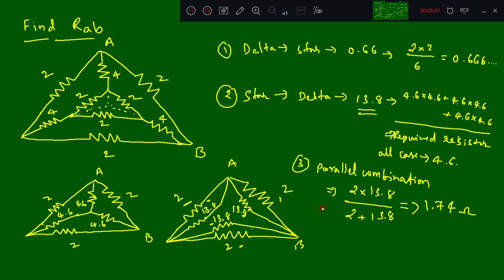So this reduction will reduce to like this.